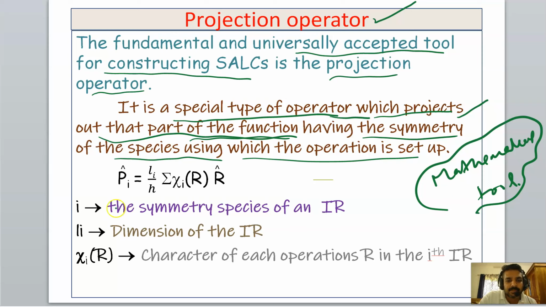This is the projection operator: P cap i is equal to l_i divided by h, sigma over R, chi_i(R) R cap.